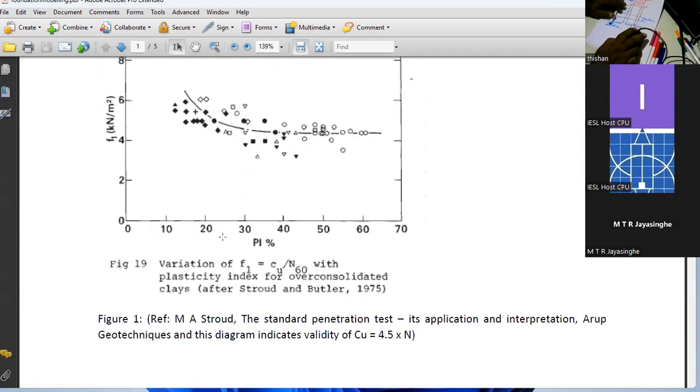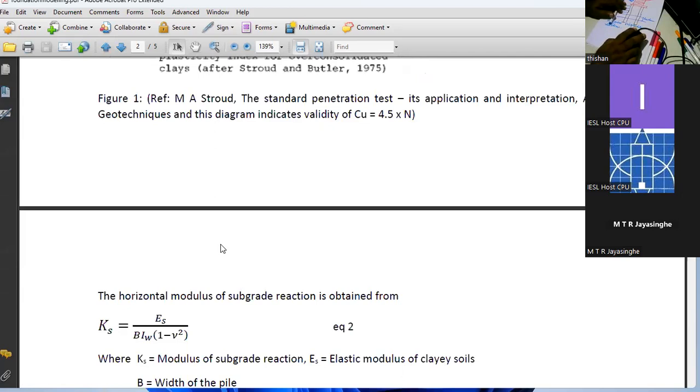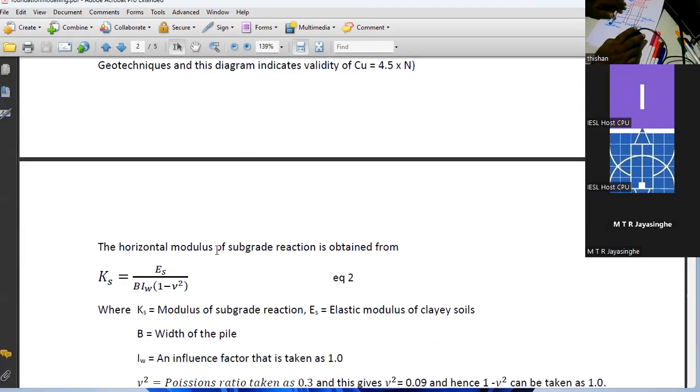Once you know the cohesion, the horizontal subgrade reaction for clay soils is given by an equation like this, where Ks is the modulus of subgrade reaction in kilonewtons per meter cubed, and Es is the elastic modulus of clay soil.